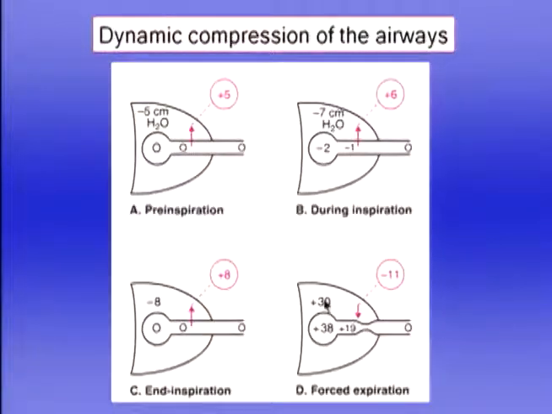So we can calculate that the intrapleural pressure is going to be plus 30. And now look what's happening at the airway here. We've got a pressure of plus 30 outside, a pressure of plus 19 inside, so we've got 11 centimeters of water tending to close the airway.